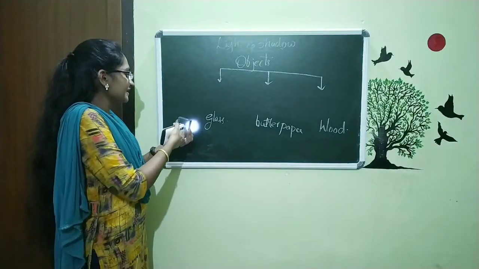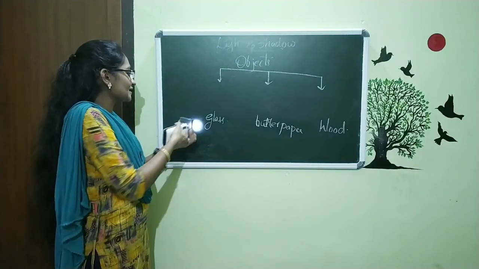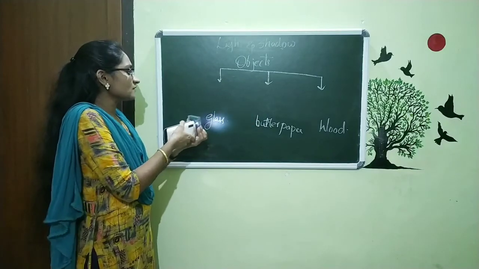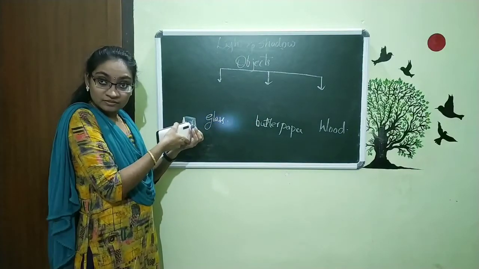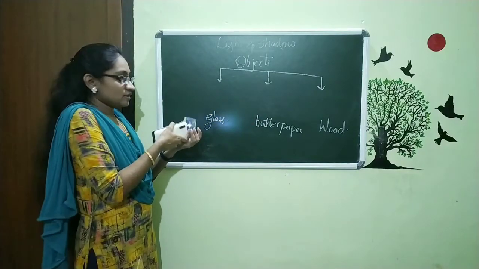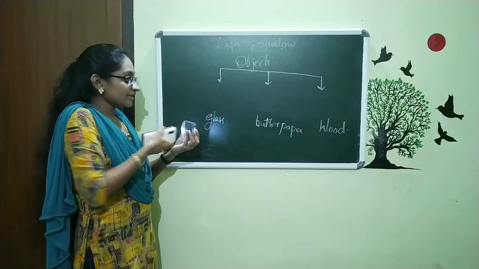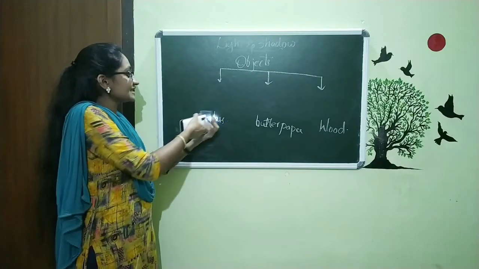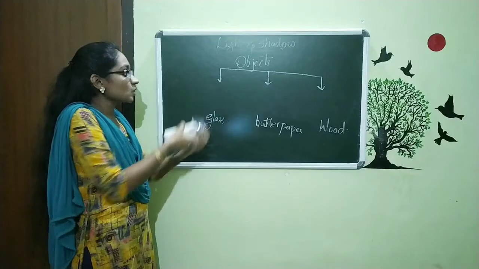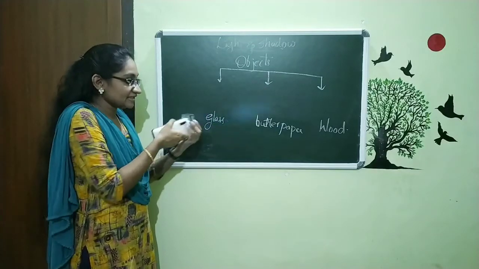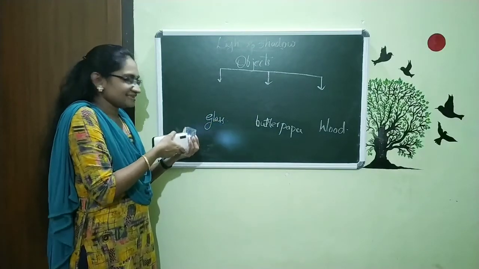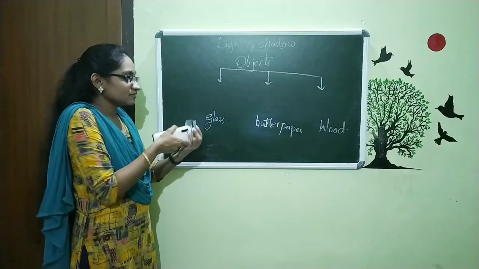So when I give light through this glass, does the light fall on the blackboard? Yes, of course. No obstacle is there. When I am giving light, the light is falling directly on the blackboard. You can see the light is there. The light is very dim, that's why you get only dim light.